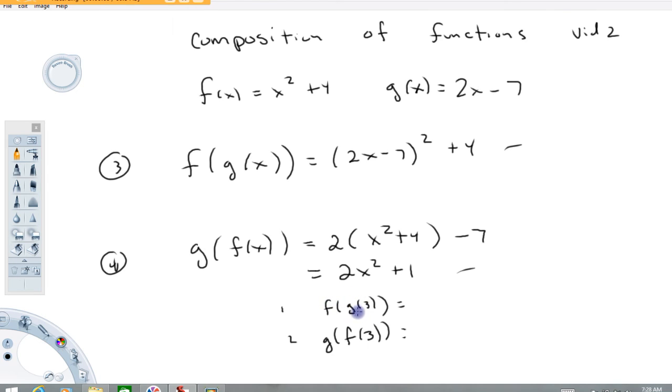But you can also take f of g of x, that's this function, and plug 3 in for x right there, and get the same numerical value that we got before. For g of f of 3, where we found f of 3 and then plugged it into g, you can also plug 3 into g of f of x. So here's my function, g of f of x. You should be able to plug 3 into this and get the same value we got before.